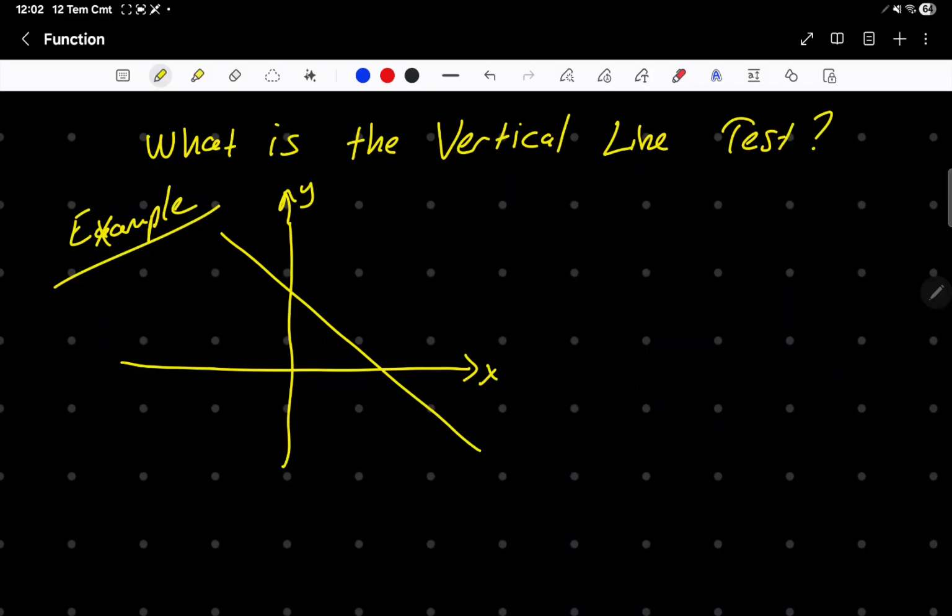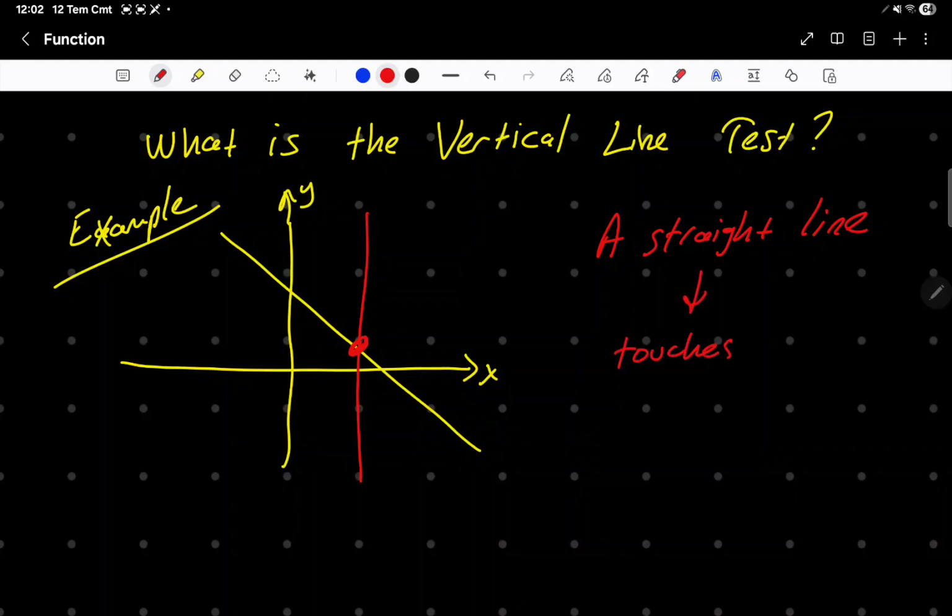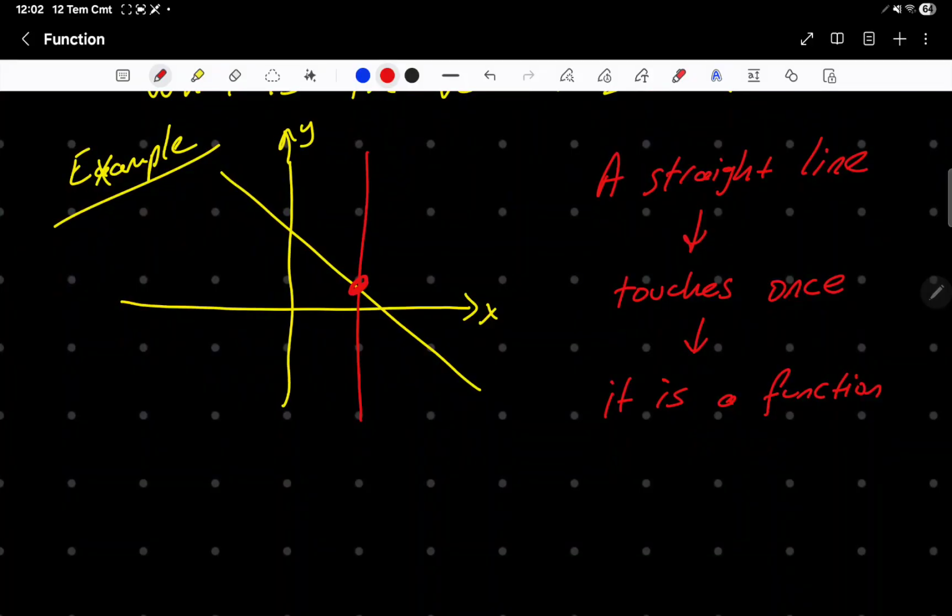Any vertical line will touch it only once. A straight line touches once. It is a function.